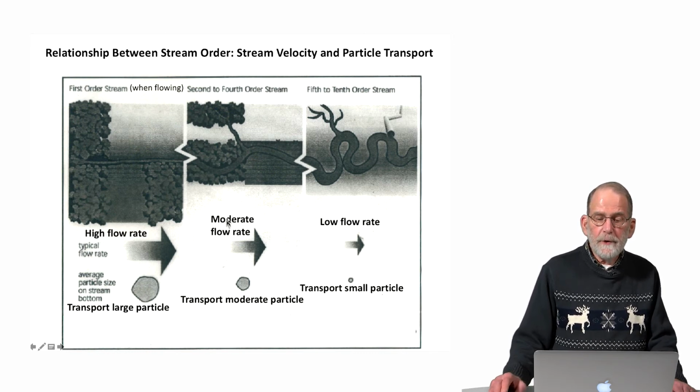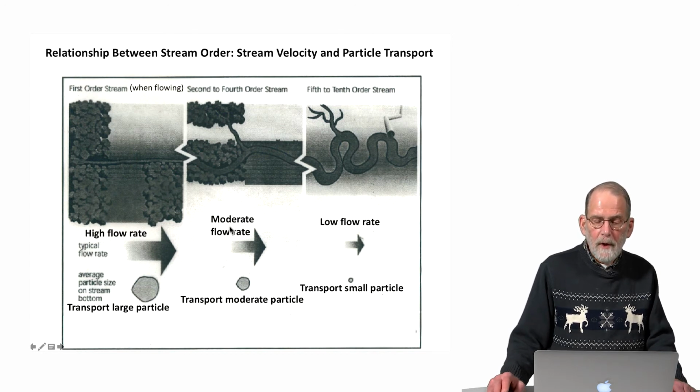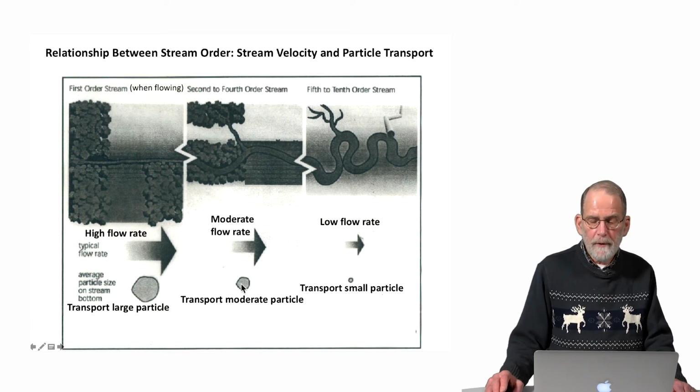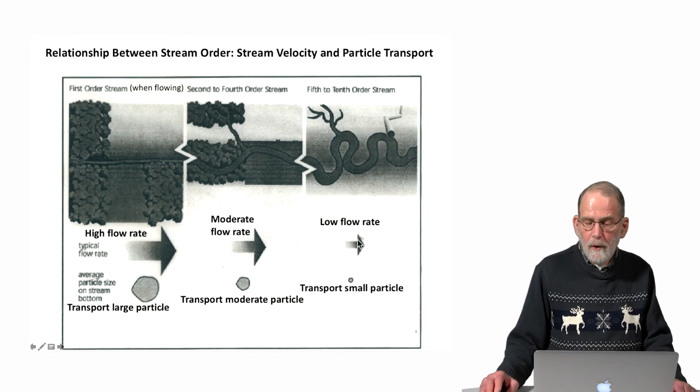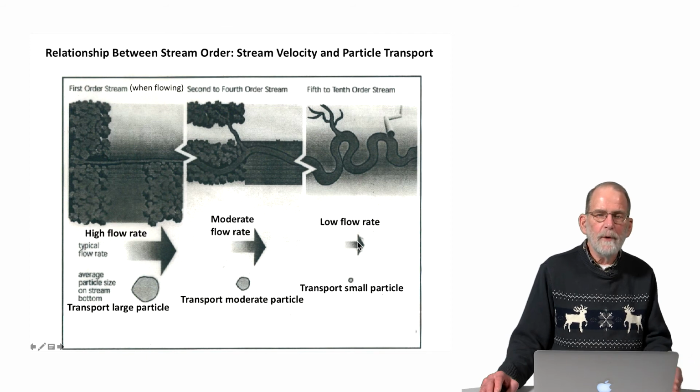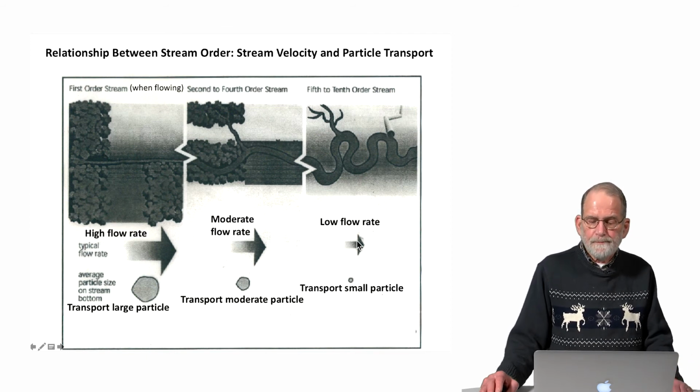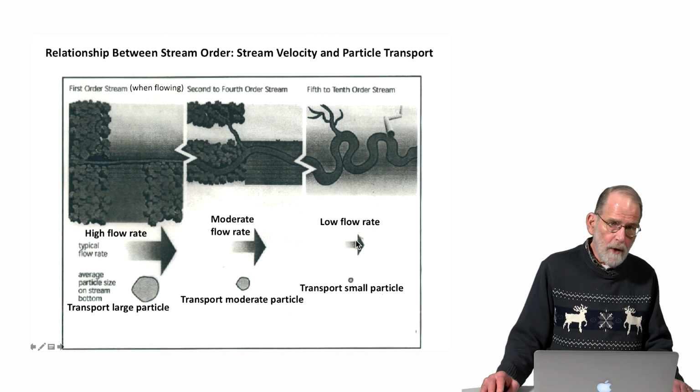Whereas when we get into second to fourth order stream channels, they have a moderate flow rate, less than that of a first order. And because they have a moderate flow rate, the size of a particle that they're able to transport is going to be smaller. And then finally, when we get into the 5th to 10th order streams, we're going to see a low flow rate, that is the rate at which the water is actually flowing, as opposed to the amount of water that's actually flowing.